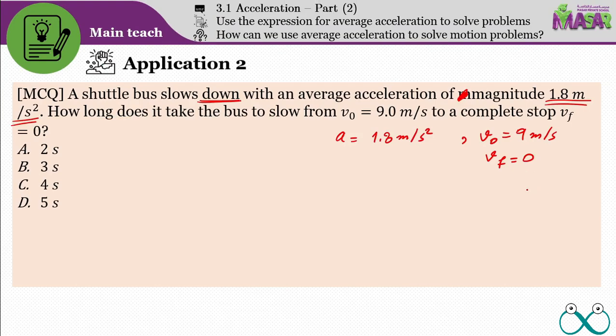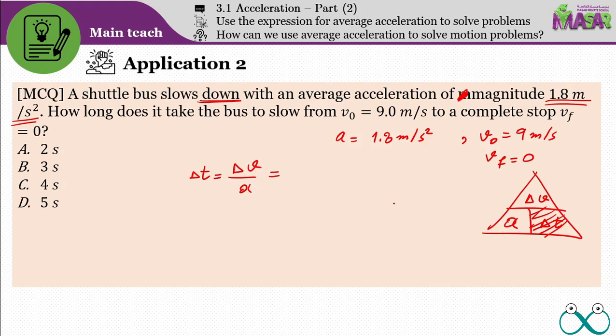In order to find the time, we should apply the formula that represents the relationship between a, delta v, and delta t. Since we are looking for delta t, we should hide it, so delta t is equal to delta v over a. But before I start substituting the values, let's evaluate the direction of a, because here we have the magnitude, but in the formula we should include the direction.